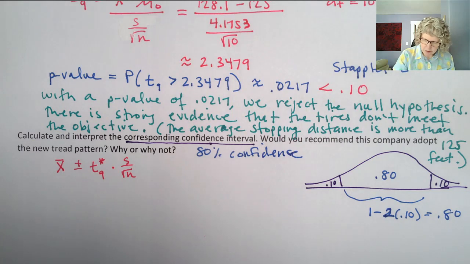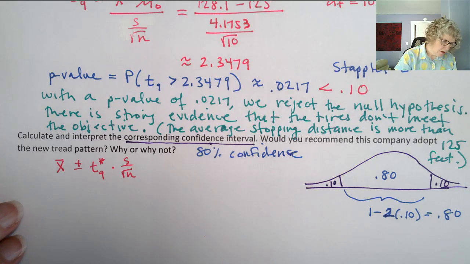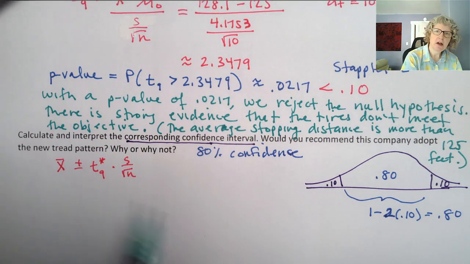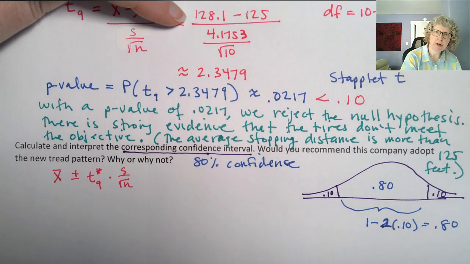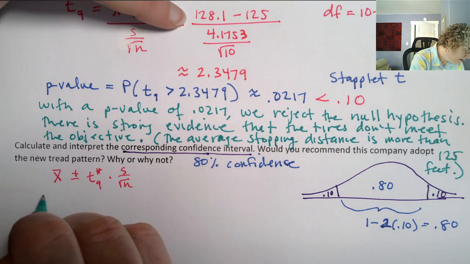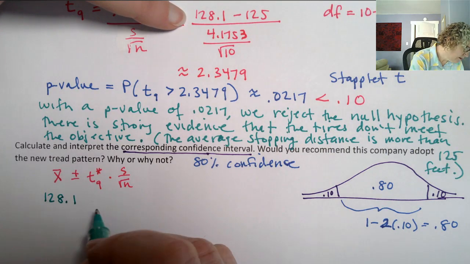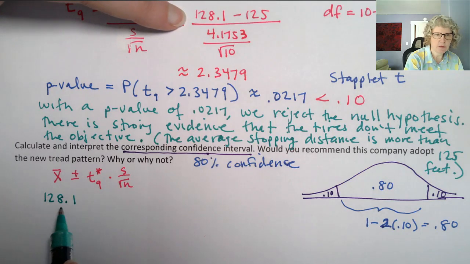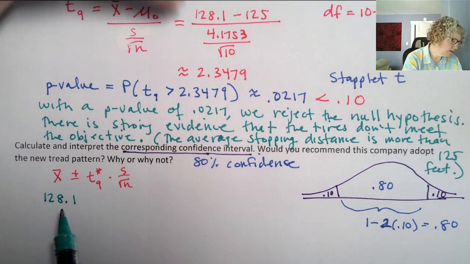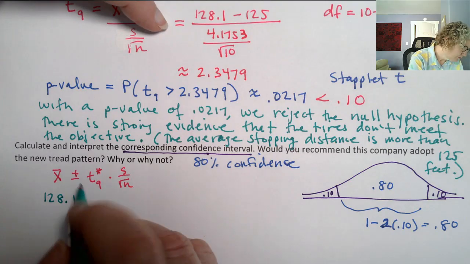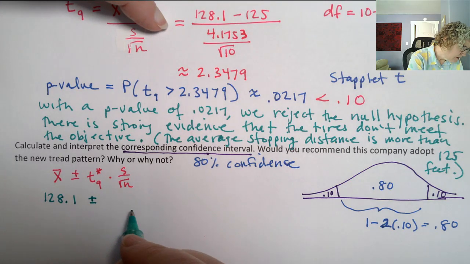Okay, so that's important for our t star, right? So let me fill in the numbers that I know. I've got a lot just right up here, probably everything I need. 128.1, and we can see that is higher than the 125, so that's why we rejected the null. Plus or minus, we've got our t star.